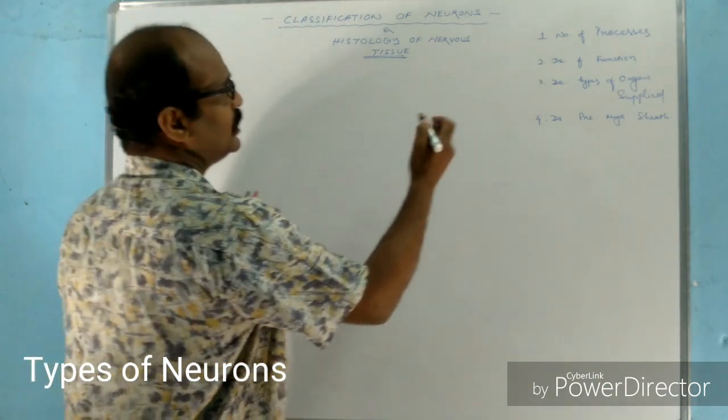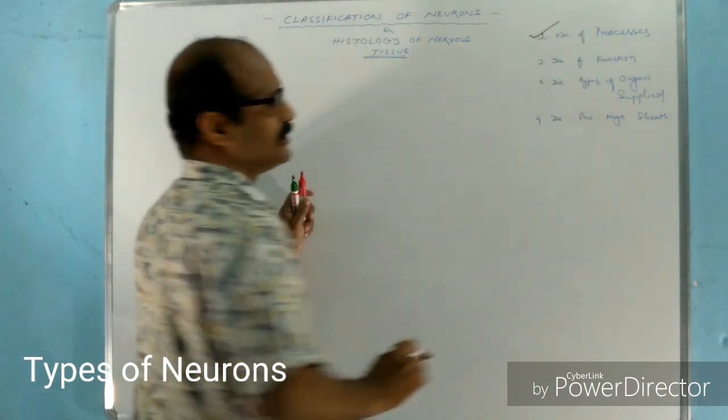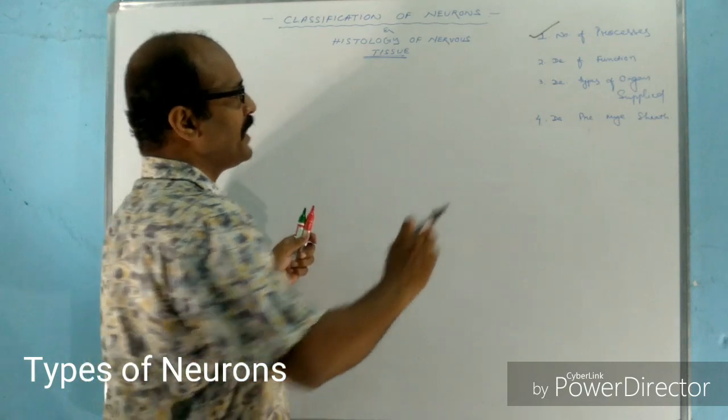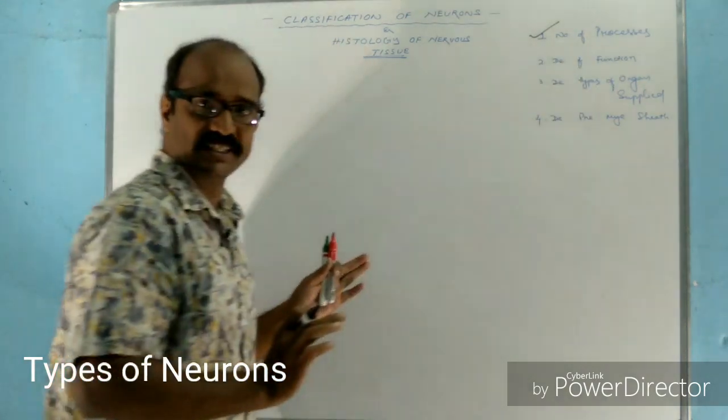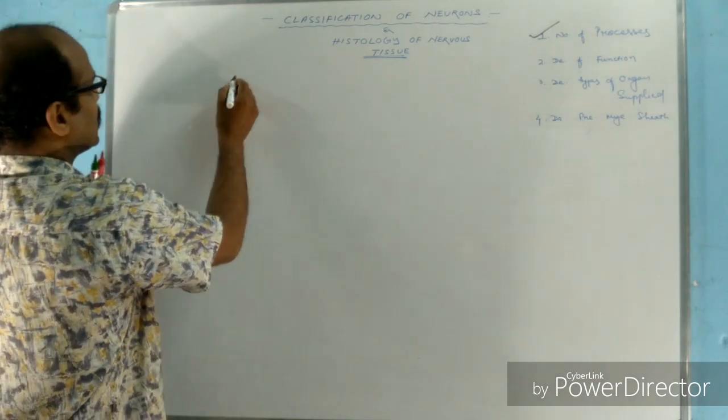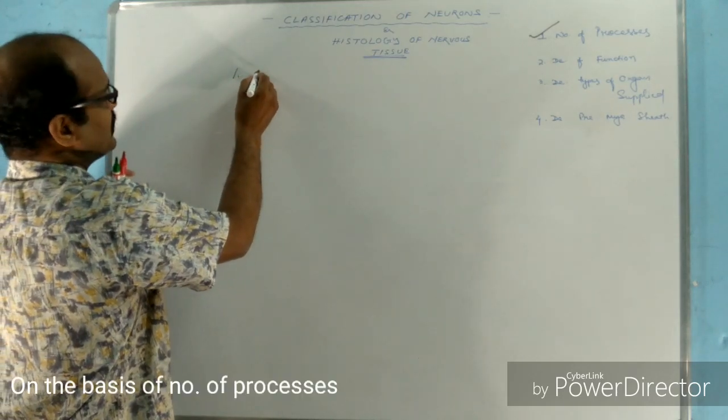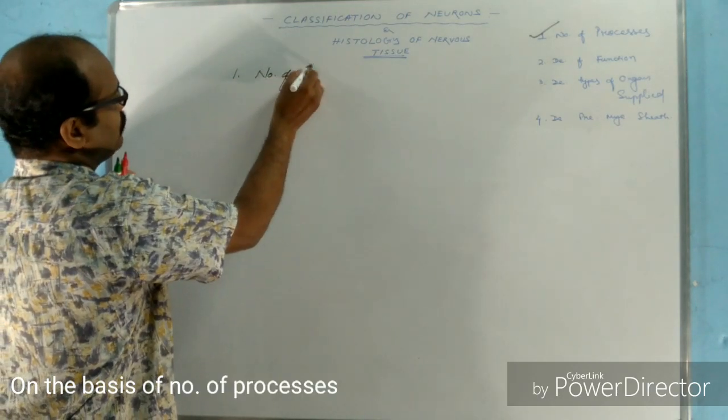So first come to the classification of neurons depending on the number of processes.